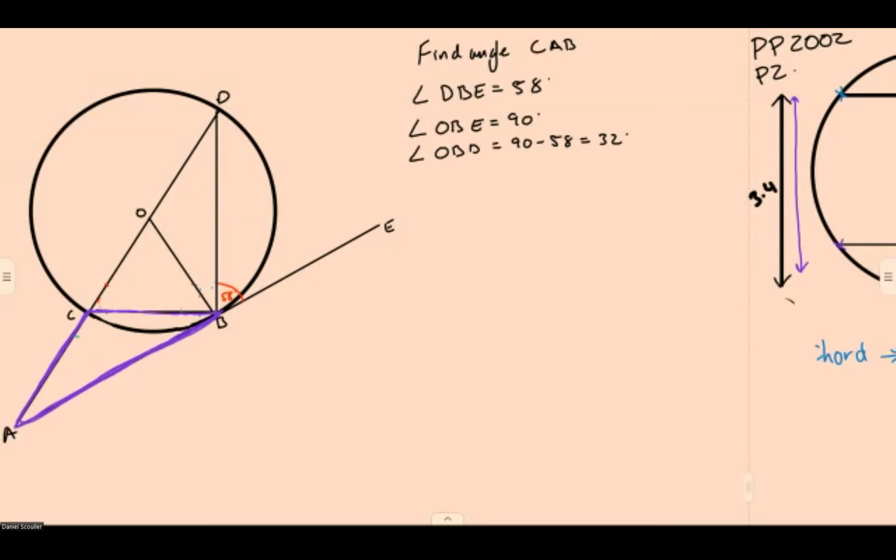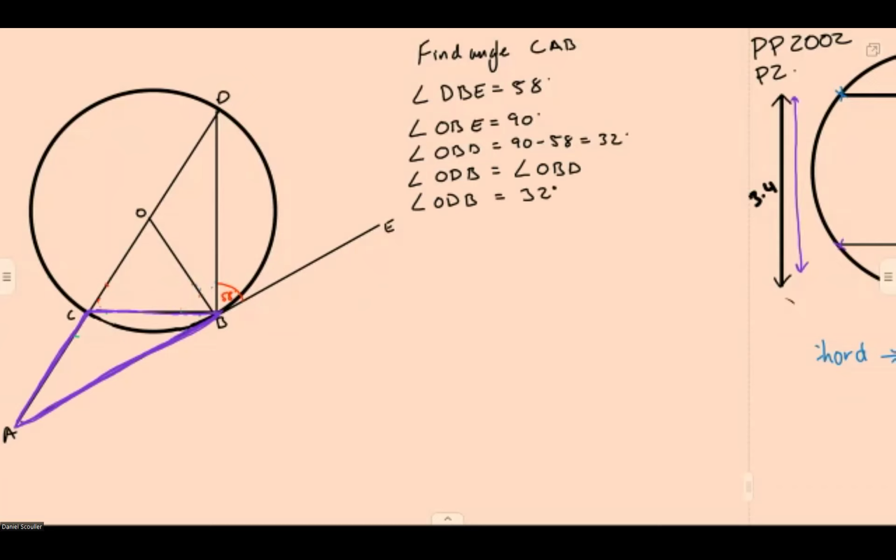Now correct me if I'm wrong, but Richard, you said you found angle ODB next. Now ODB will be the same as angle OBD. So angle ODB will also be 32.